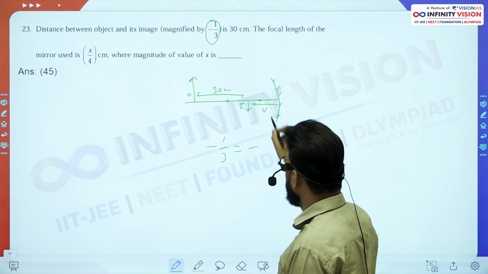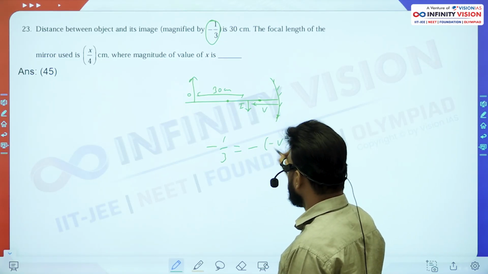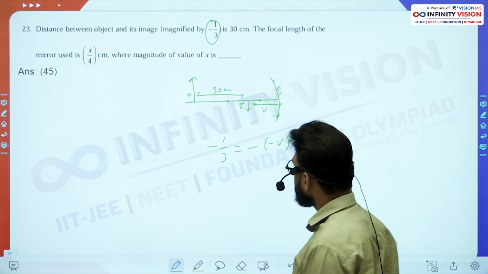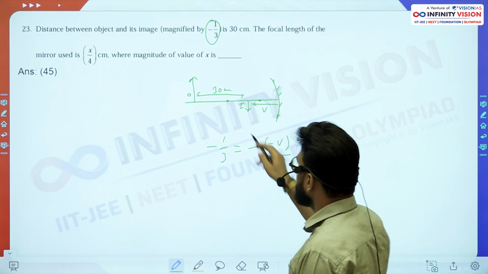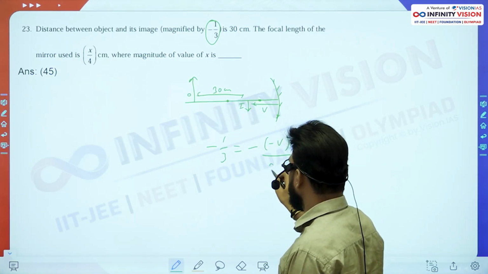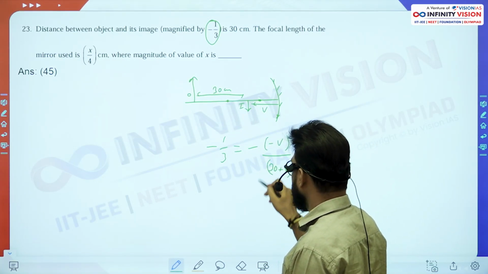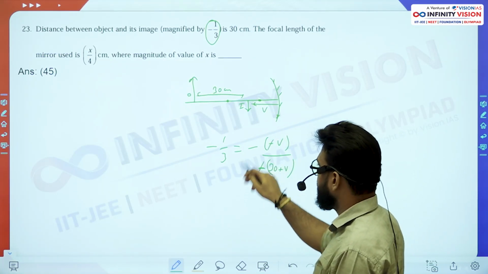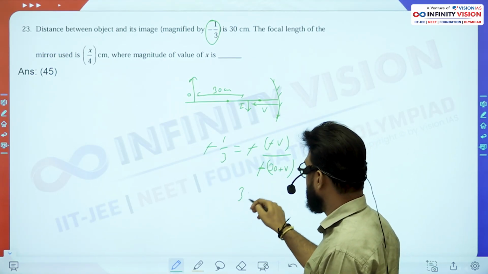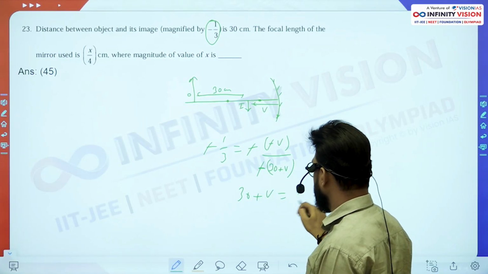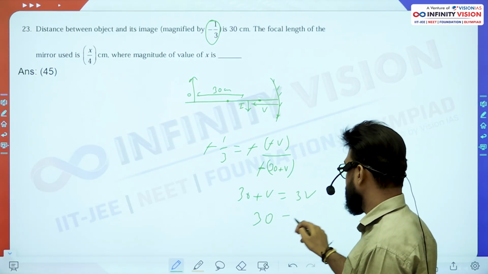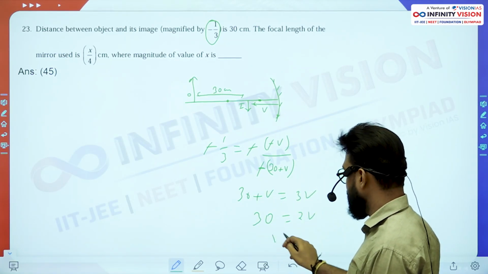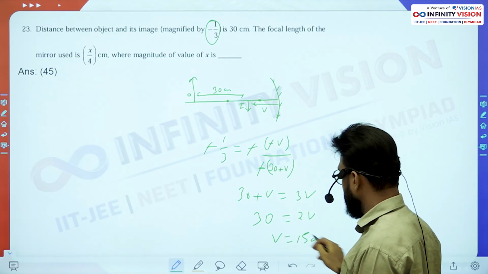V is minus V because this length I have taken as V, and U comes out to be 30 plus V. So this is the distance and it has to be negative. So this minus will cancel out. 30 plus V comes out to be 3V. So 30 is 2V and V comes out to be 15 centimeter.